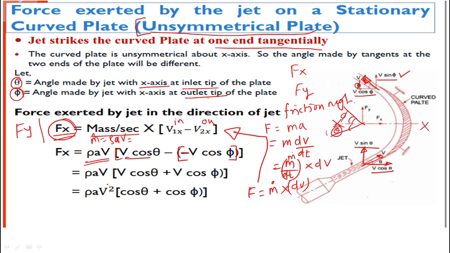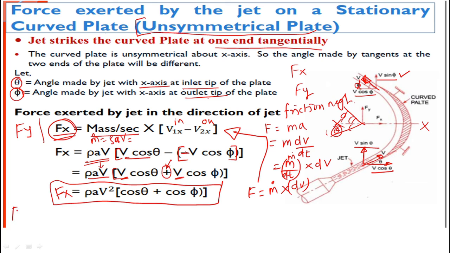Bracket complete. The first term stays as it is, and in the bracket it becomes v cos theta plus v cos phi, because the minus sign changes to plus. We take out the common term, the velocity. So the final equation is Fx equals rho A v square into cos theta plus cos phi. That is the final equation for the force exerted by this jet in the x direction on this unsymmetric plate.